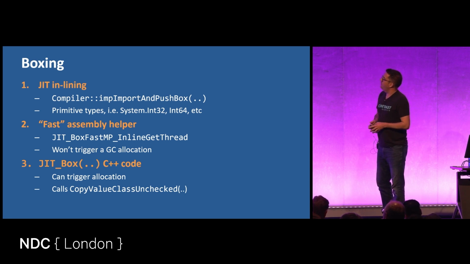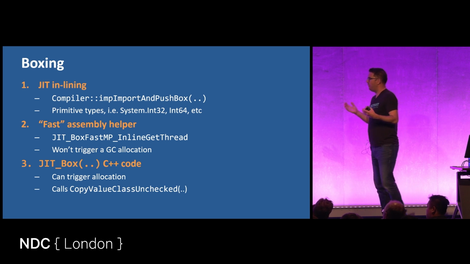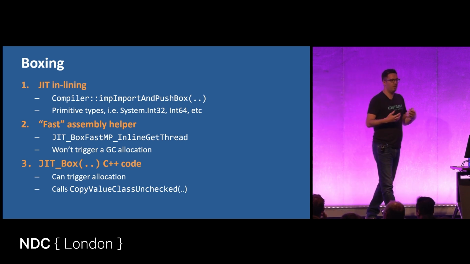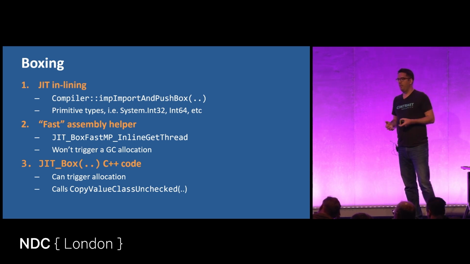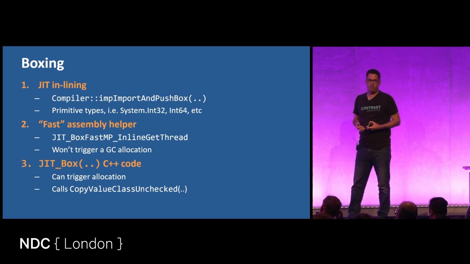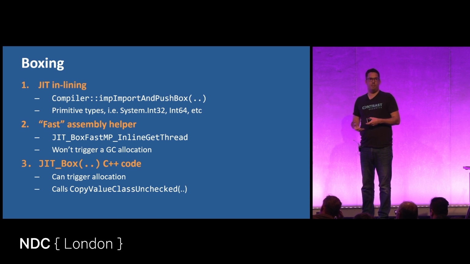Okay, so on to another thing of value types, boxing. We generally say boxing is bad, right? You want to avoid it if possible. You don't want to always be boxing your structs into an object. But even in that case, the runtime tries to make it as efficient as possible. Clearly, more objects go on the heap, and the garbage collector has to do more work.